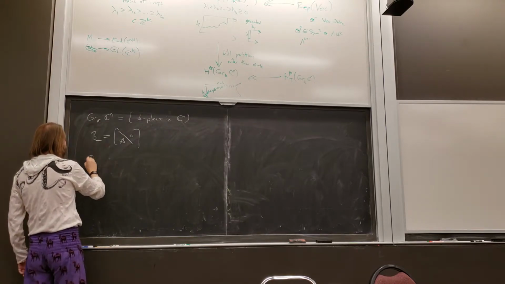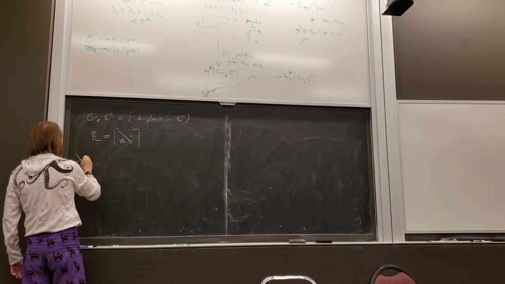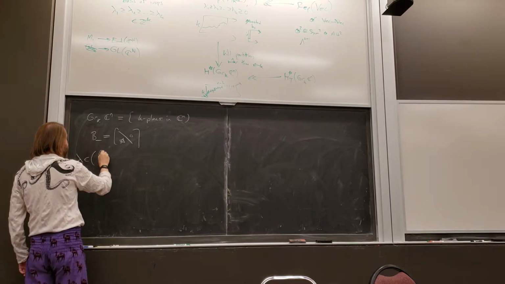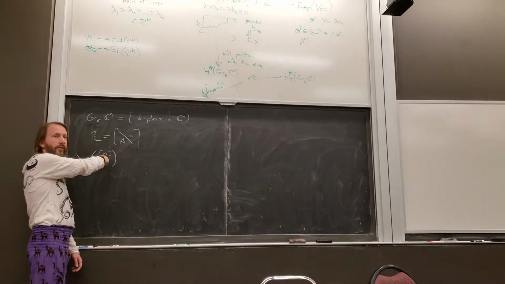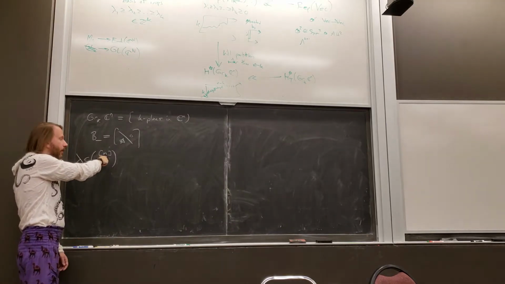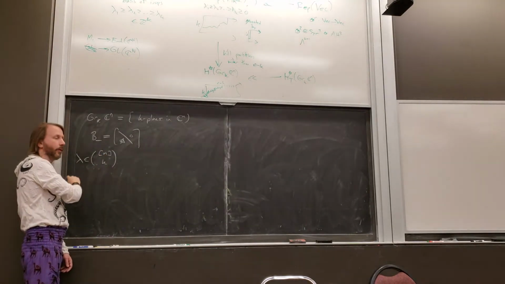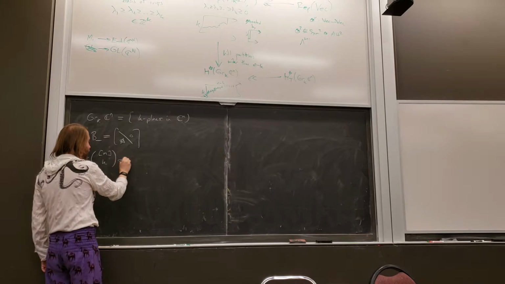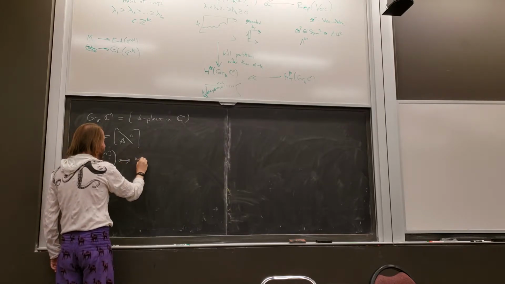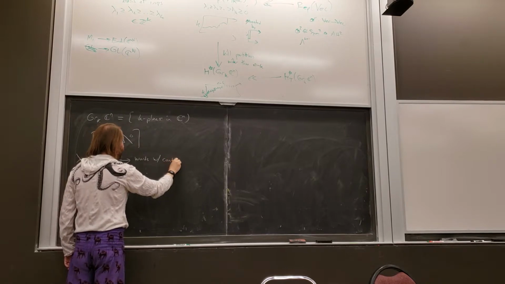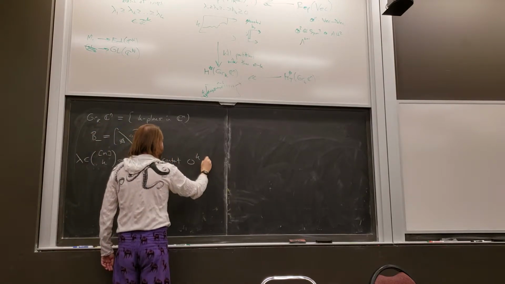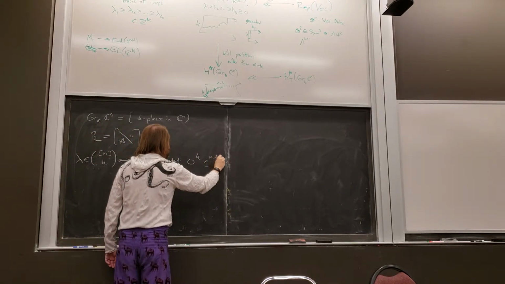I'll have lambda be an element of n choose k. So this is the set of numbers 1 through n instead of just the number n. And so this is the set of k element subsets. Or I could think of this as words with content k 0s, n minus k 1s.